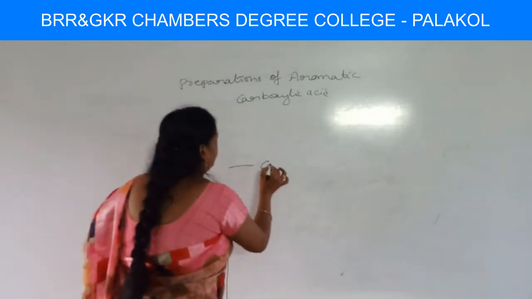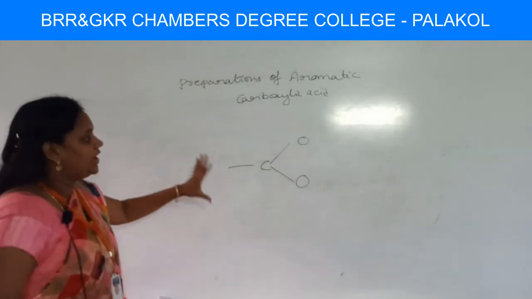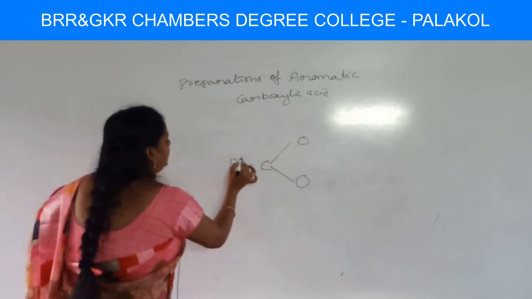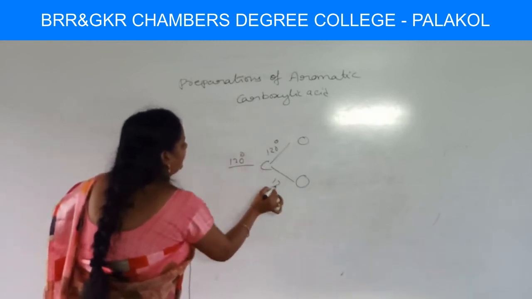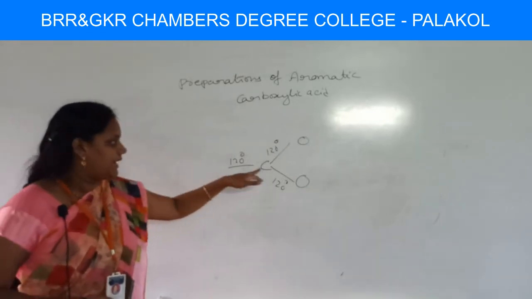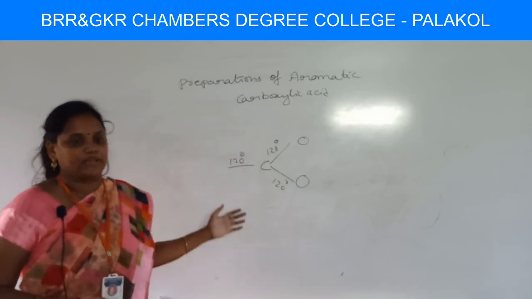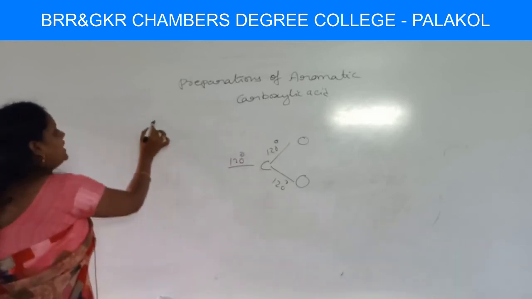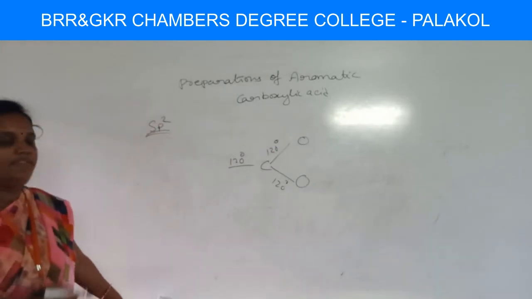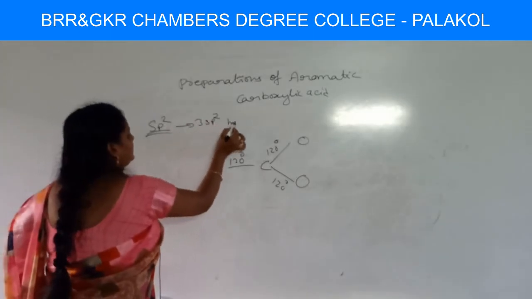Do you remember? Here in this case what happens? If you observe the structure, every carbon of the carboxyl carbon and oxygen are 120 degrees apart. So they definitely undergo sp2 hybridization, as I said in the previous session. So they form 3 sp2 hybrid orbitals.